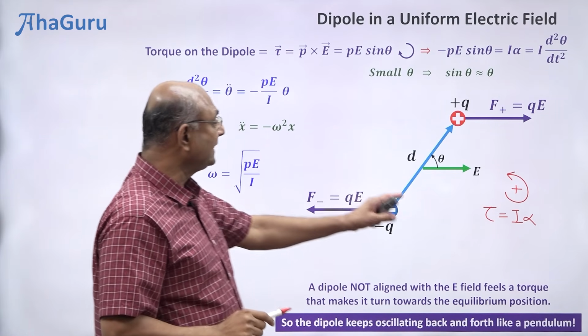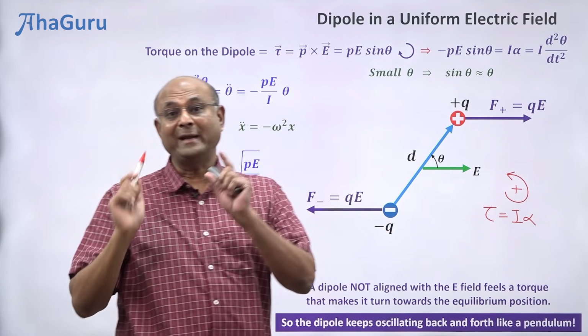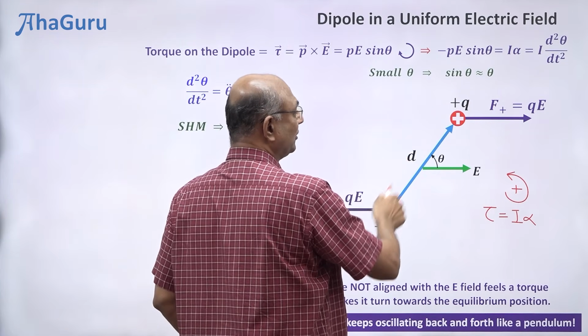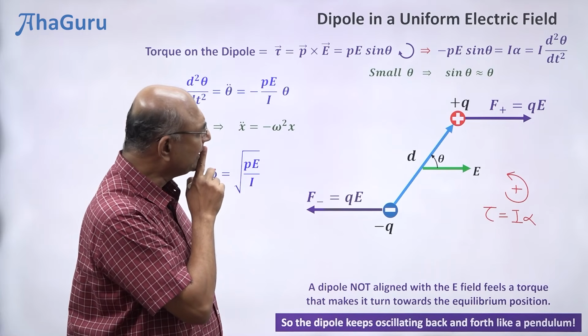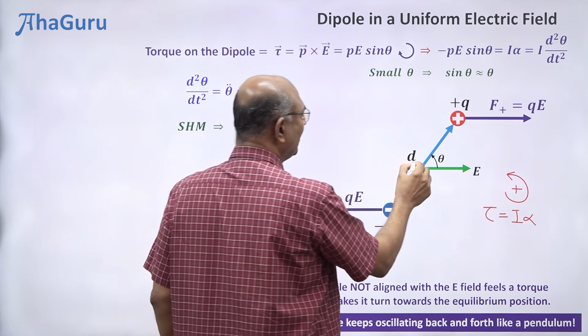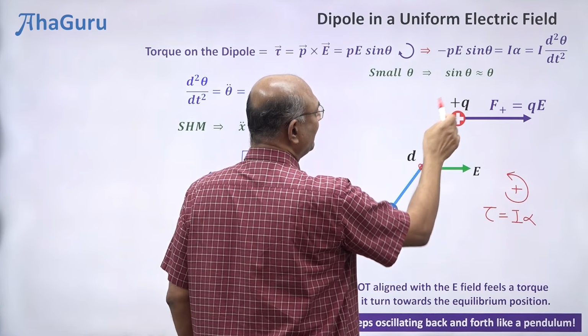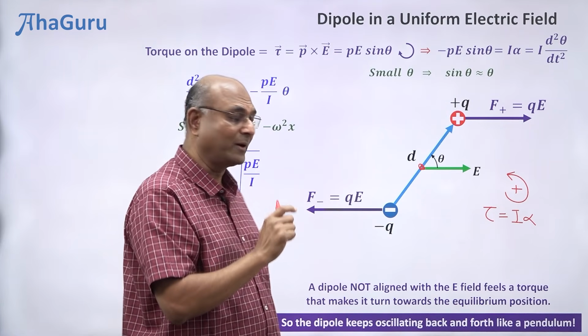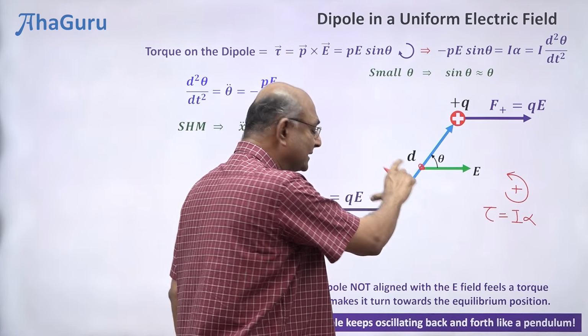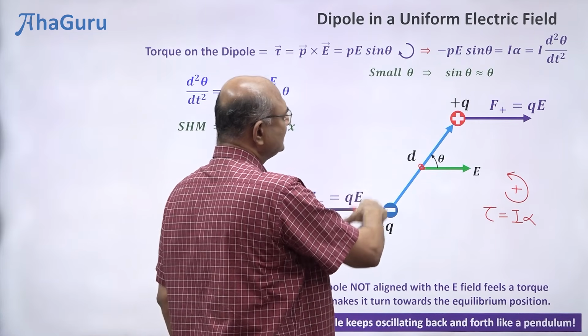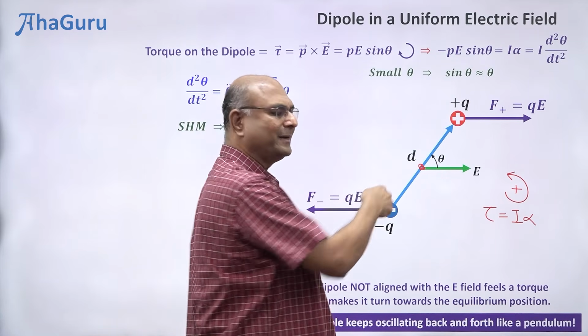What is I? I is the moment of inertia of this dipole. How do we calculate the moment of inertia of this dipole? About the center, this one has some mass m1, so m1 into this distance square plus m2 into this distance square. Won't the distances be equal? Yeah, this will be d by 2, this will be d by 2.